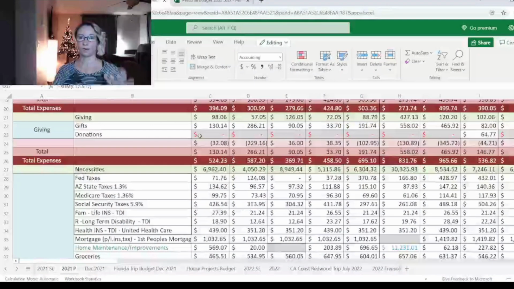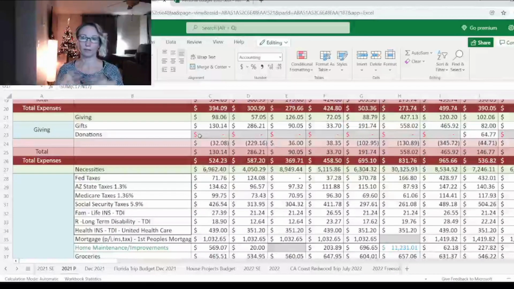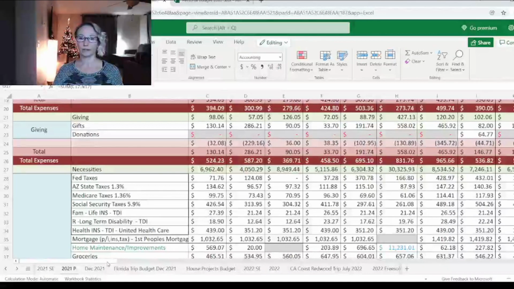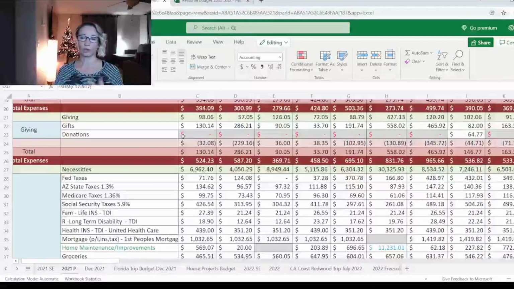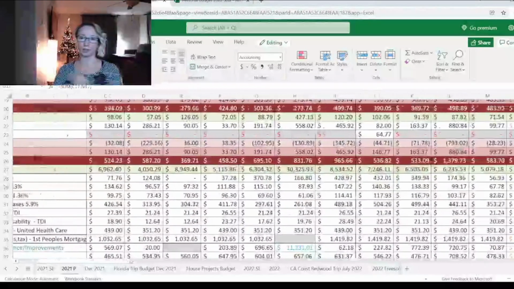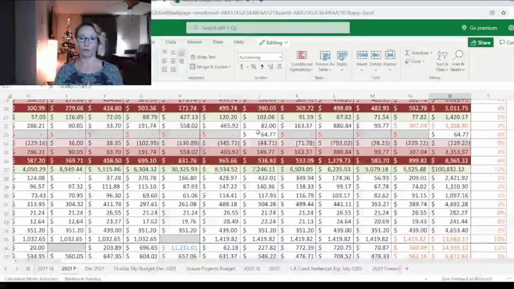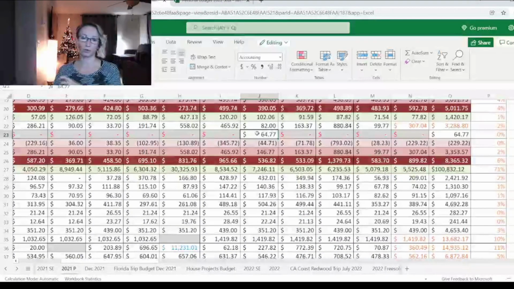So this for us is just giving if we're giving gifts for holidays, tipping at restaurants, tipping hairdressers, if we make care packages for anyone that needs it, things like that. And then the donations is when it's an actual charity or like the school or something like that, where we can actually mark that off in taxes. So most of this year, with the exception of the back to school supplies we purchased for the school, is everything for the holidays.